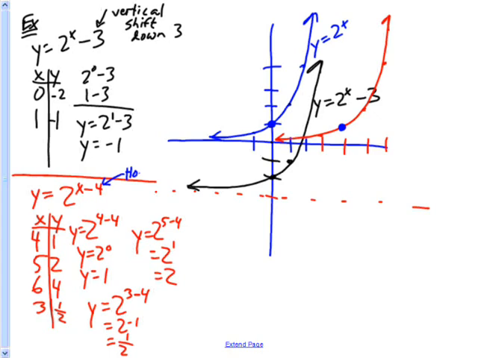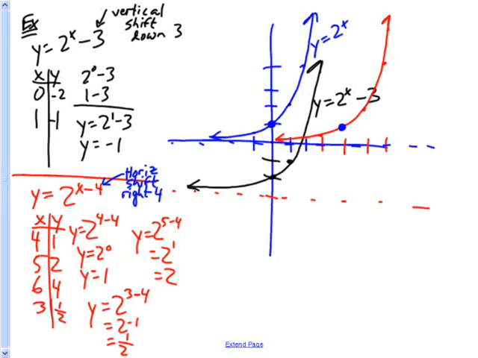So a horizontal shift, right 4. You can imagine if it was 2 to the x plus 4, that'd shift it left 4. Now your asymptote is still y equals 0 because I just shifted it to the right, didn't I? So that's up, down, right, left.